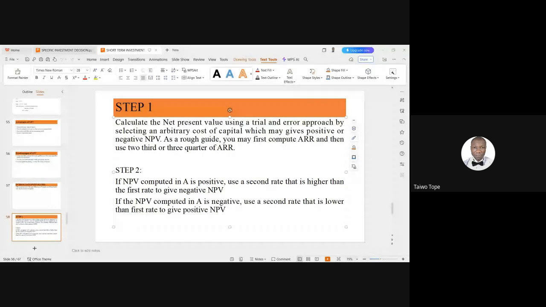Another disadvantage of internal rate of return is that it produces multiple results where there are unconventional cash flows. Talking about unconventional cash flows, where the cash flows are not sequential, where the cash flows do not recognize the issue of time value of money, or where the cash flow is historical in nature and does not reflect the reality of things in the economy.